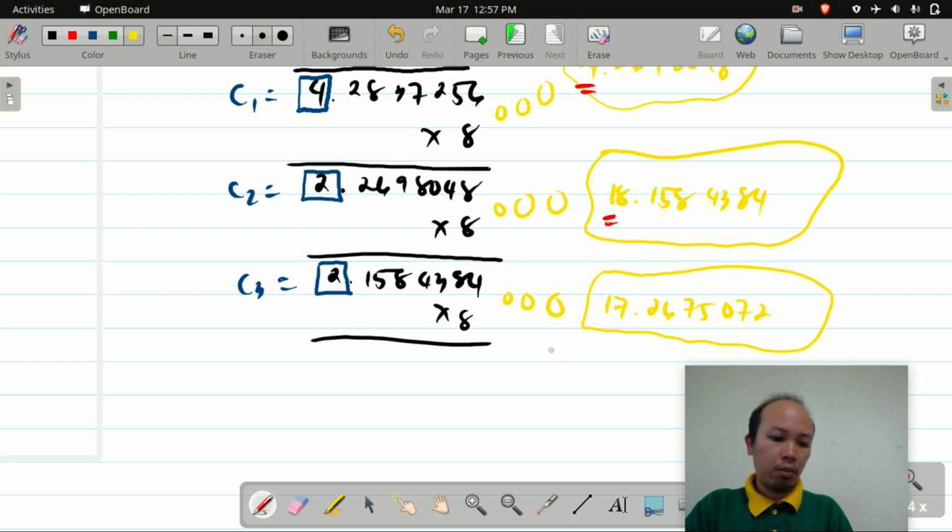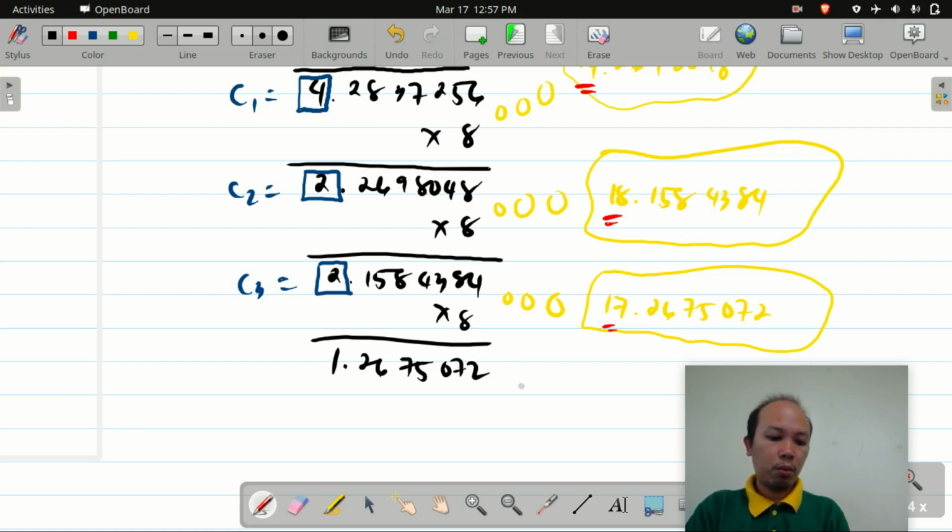So 17 is what number in octal? 17 minus 8 minus 8 is 1. So this is 1.2675072.